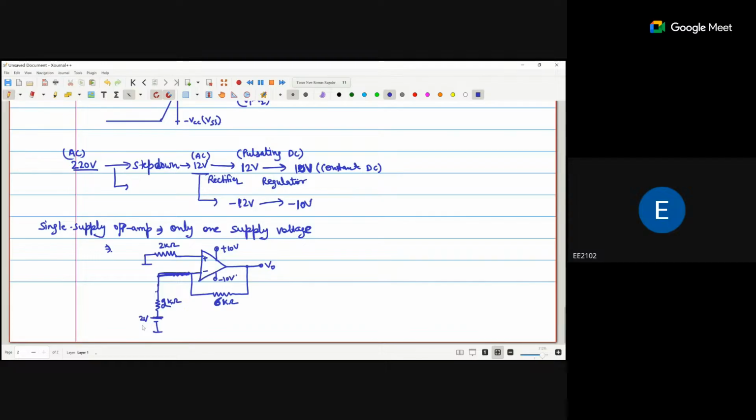We provide the input voltage 2 volt on the negative terminal. The Rin is 2 kilo ohm and RF is 6 kilo ohm. So what is the output voltage? V naught is minus RF by Rin into V minus. So that is minus 6 by 2 into 2 volts, which means minus 6 volt.